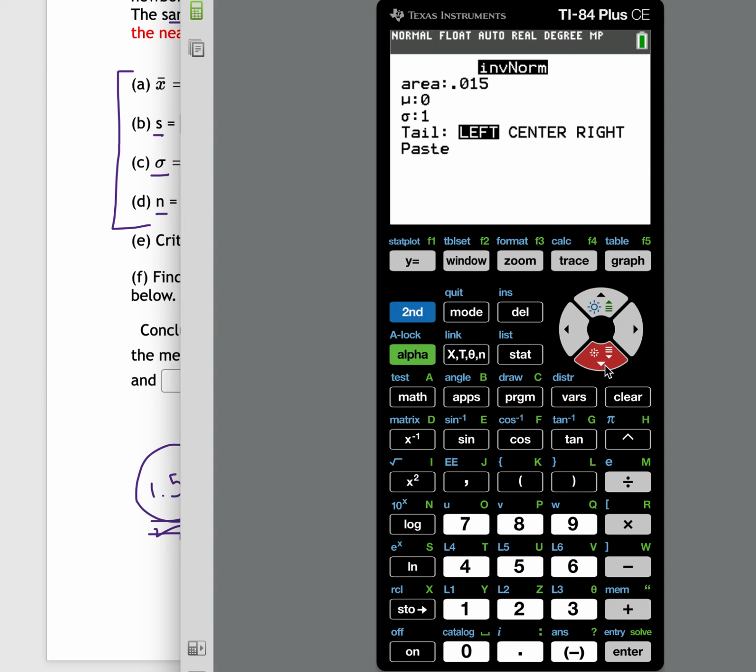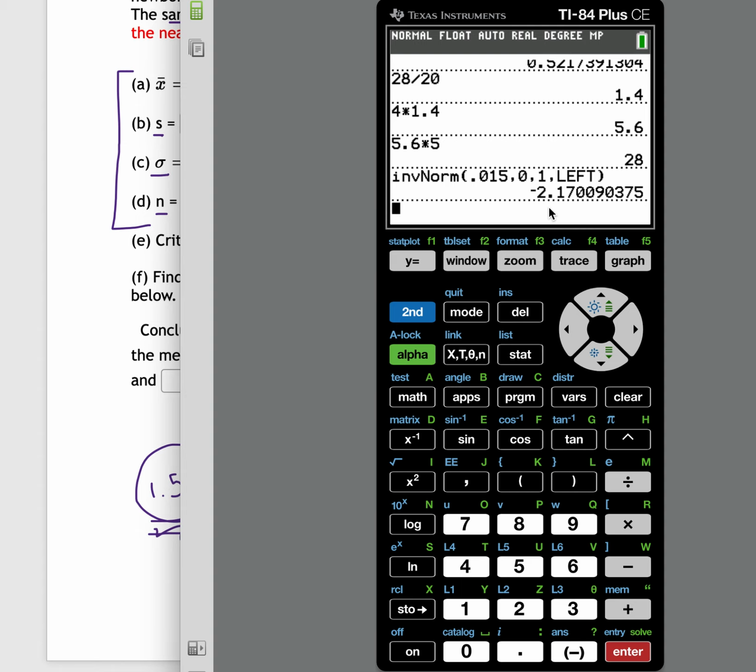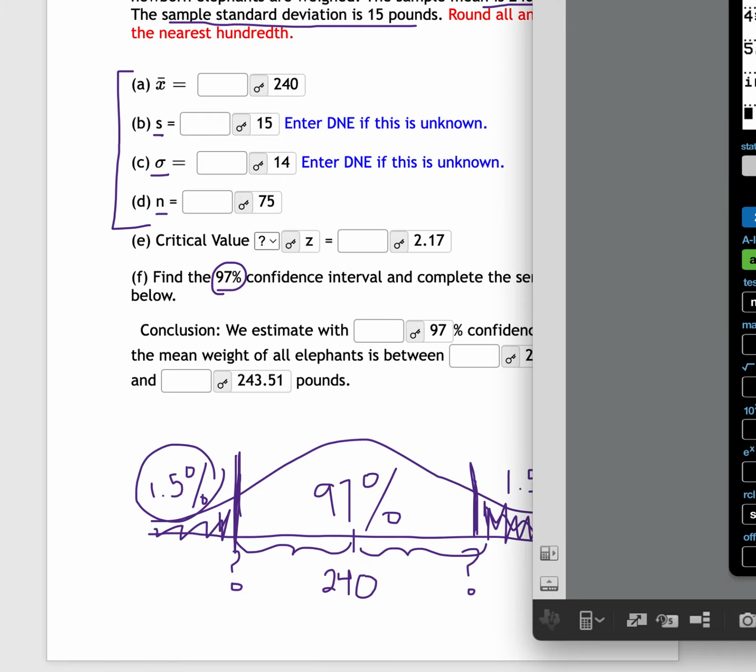Because we want to do this in terms of standard deviations with the standard normal curve, put in that the mu is 0 and the standard deviation is 1, and we're looking for the area to the left. If you do not have this option on your calculator, by default it will give you the area to the left, which is what we're looking for, that 1.5%. Now I'm going to go down and hit enter, and it tells me that my critical value is 2.17.